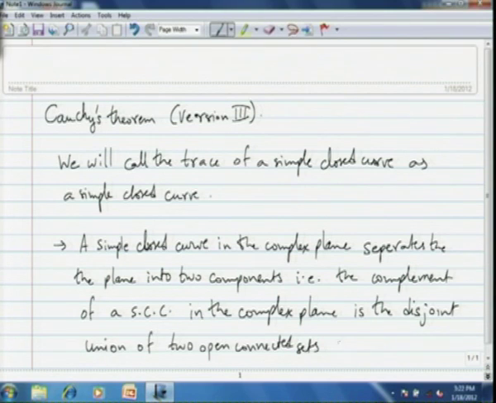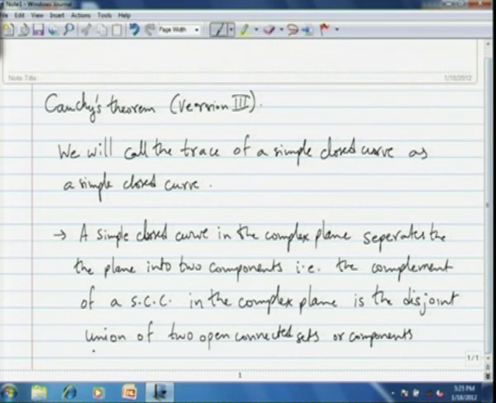Maximal open connected sets are also called components. Since they are disjoint, these are called components. And this statement is called the Jordan curve theorem.